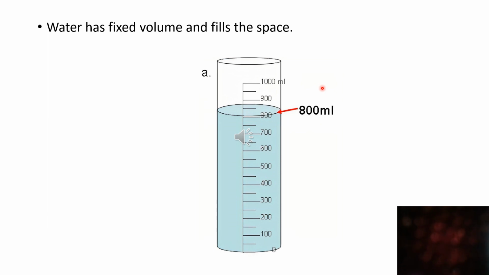Do you know what is the other standard unit for volume of water? Yes, liter. Liter is also a standard unit of water volume. And water fills the space. Meaning if you add some water to the measuring cylinder, the reading will increase.